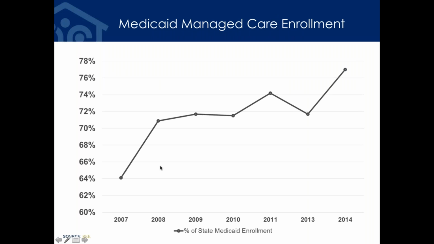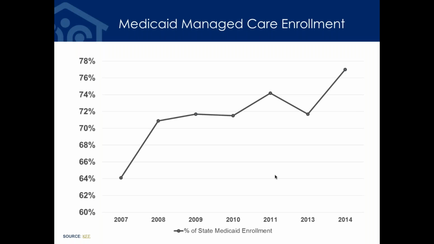And then another trend that we're seeing related to this whole system redesign piece is managed care. A number of states have had managed care for decades or several years. And over recent years, we've been seeing the number of states who have moved to a managed care system increase, as well as states who already have managed care increasing the patient populations that are included within managed care.